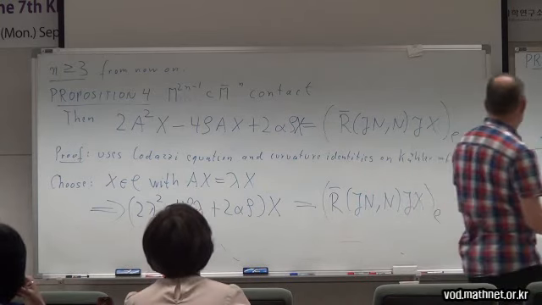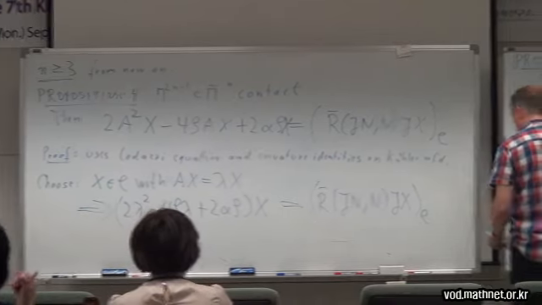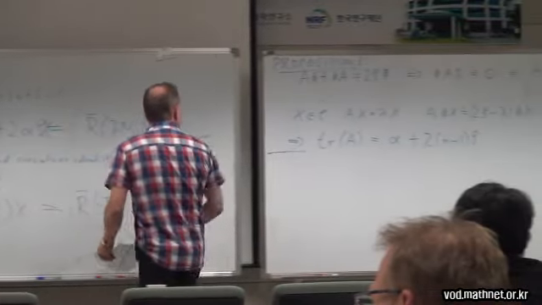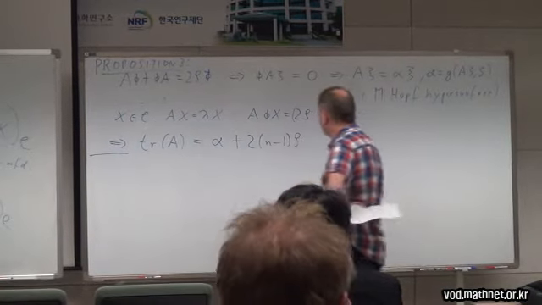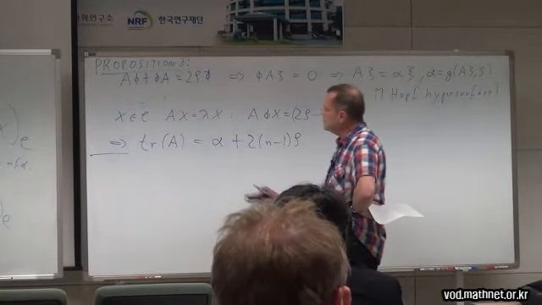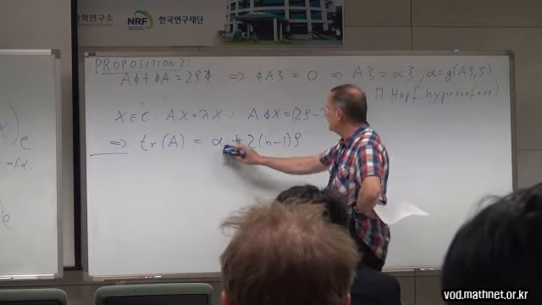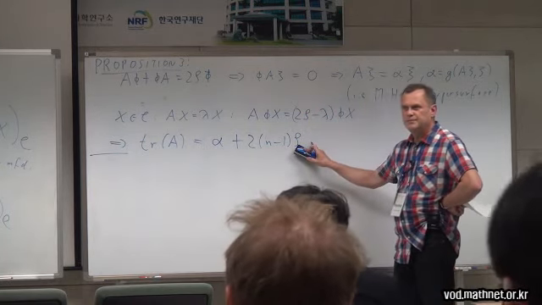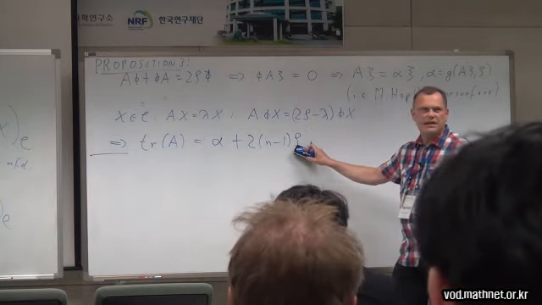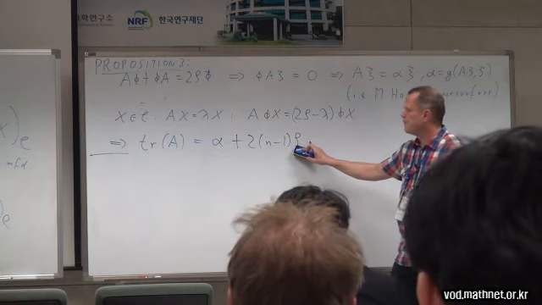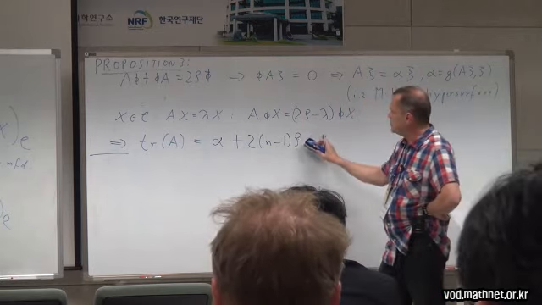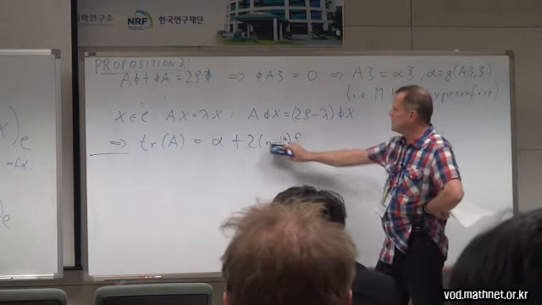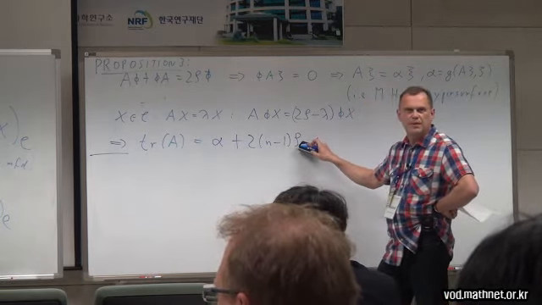So another nice result. You see the trace, or the mean curvature, is determined by alpha and rho, on any contact hypersurface. And when n is greater or equal to 3, now rho is constant, so this is a constant term.